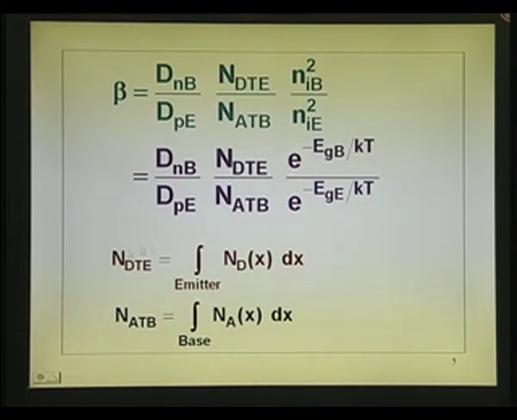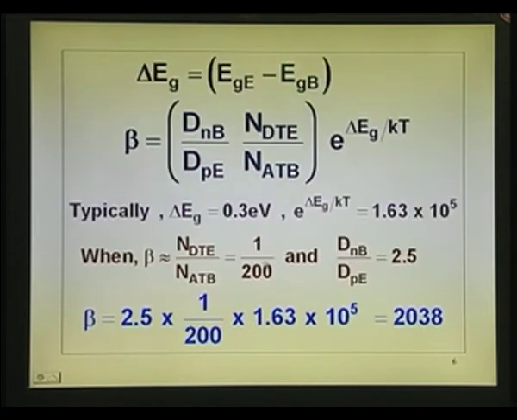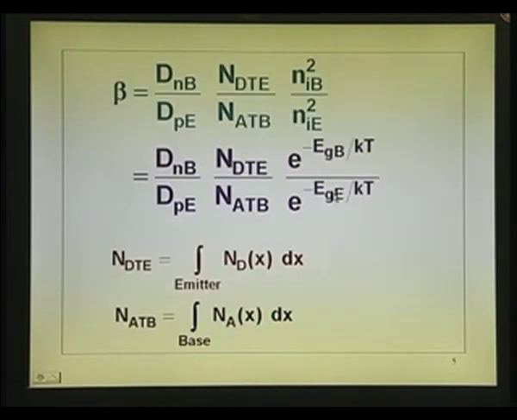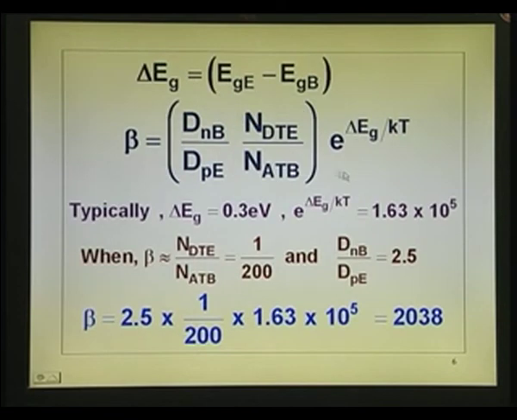These are of course some of the explanations that are given here, integrated doping, given the symbol that. Let us say the emitter is wider band gap compared to the base. So, EGE is greater than EGB. So, I will call it delta EG equal to EGE minus EGB. Okay. So, now what will happen?